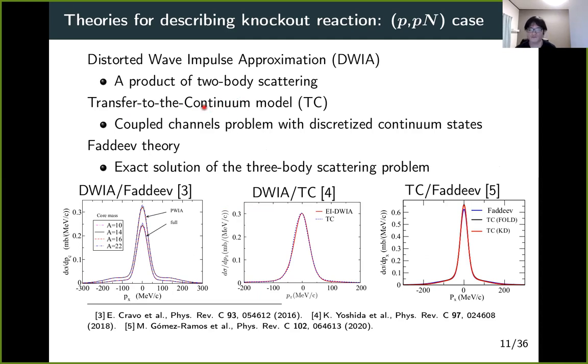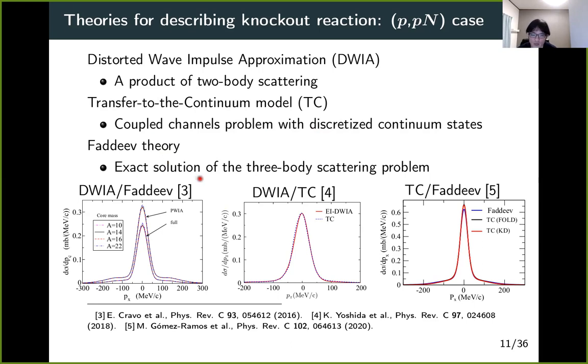This uses a CDCC-like wave function to describe the reaction, and they take into account the discretized continuum states by discretizing them and solving the coupled channels problem. And also, as you know, the Faddeev theory can describe the three-body scattering problem and solve it exactly.